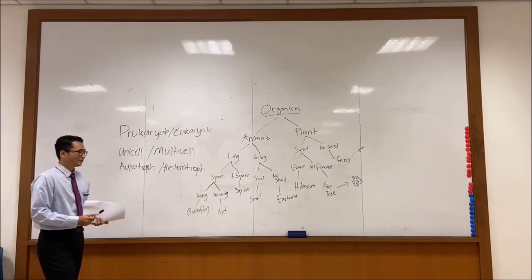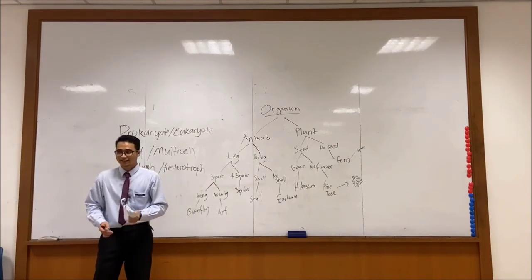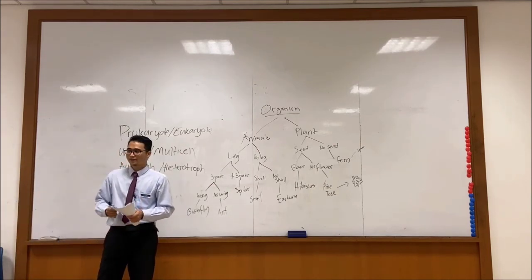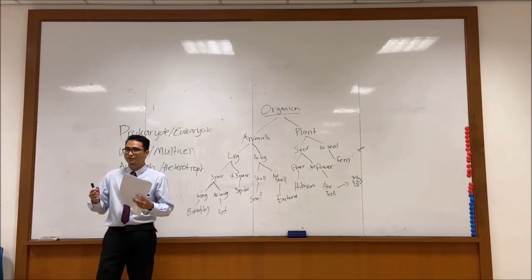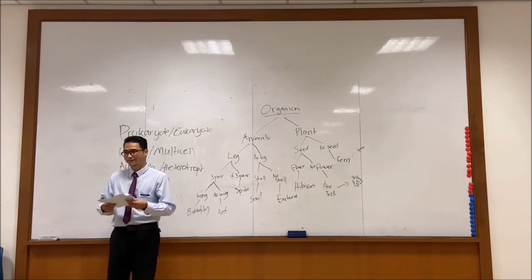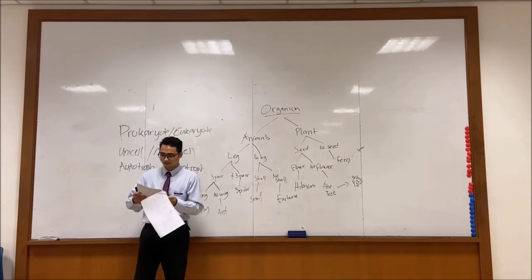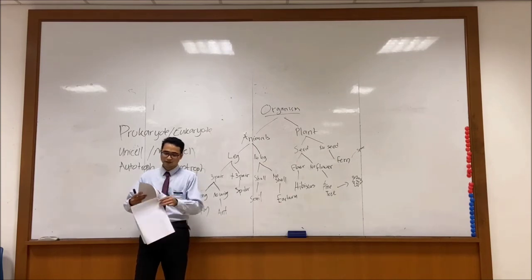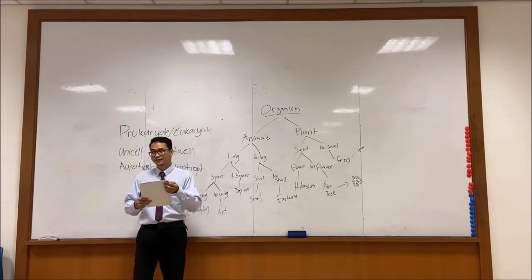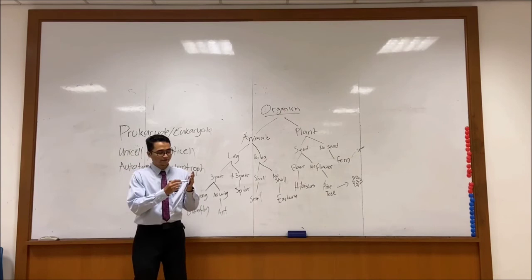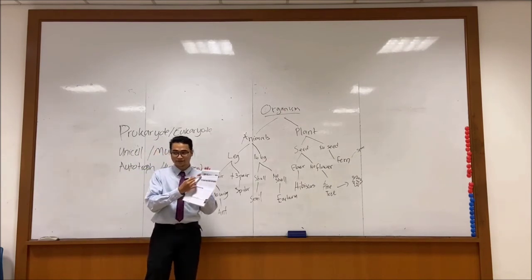Alright, before I end, I will give you some homework and we will meet next week, okay? Yes, sir. Alright, and for the homework, you can turn to the page of activity 8.1. You can see the table there.